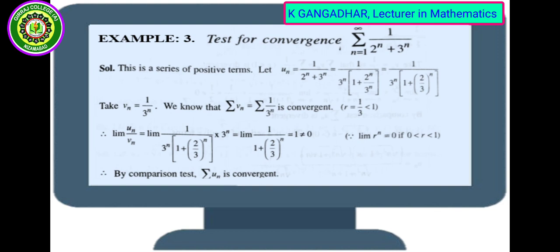So r equal to 1 by 3, less than 1. So by geometric test sigma 1 by 3 power n is convergent. So therefore Un by Vn limit value is 1, not equal to 0. Sigma Vn is convergent, then sigma Un is also convergent by limit comparison test.